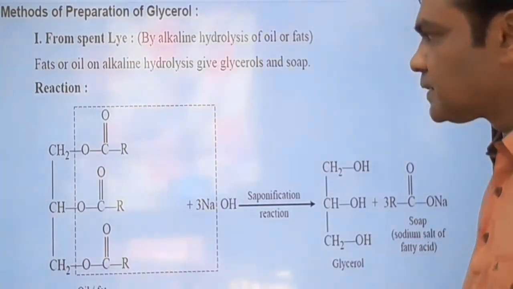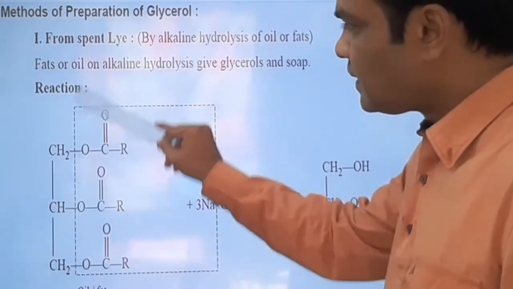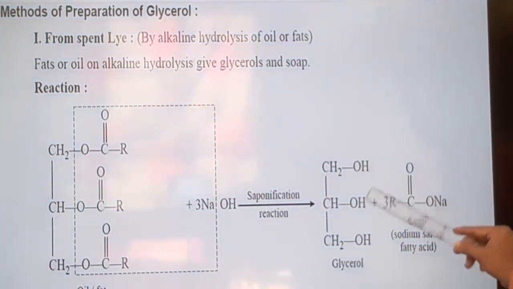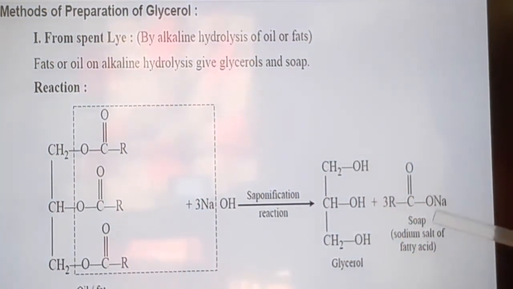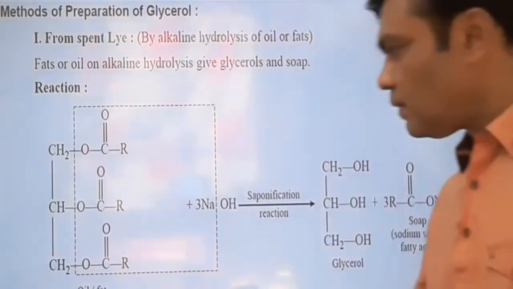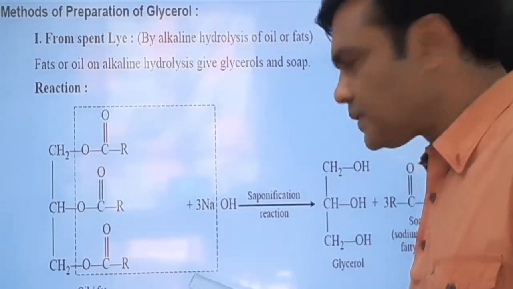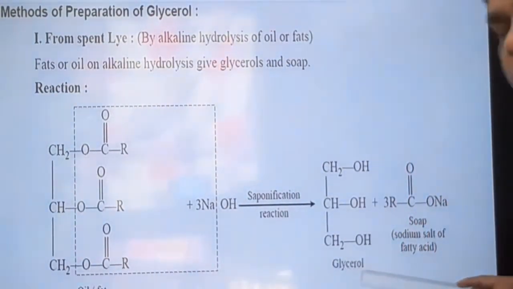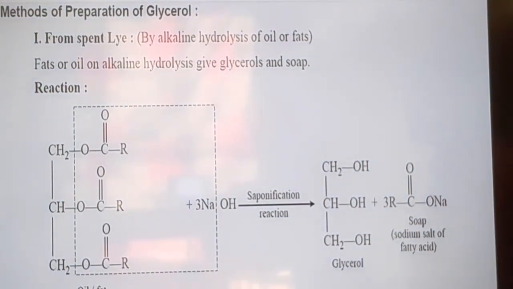This is saponification. So what do we get? We get glycerol, and the sodium salt of carboxylic acid, which is called a soap. So oil or fat on saponification gives glycerol and soap.